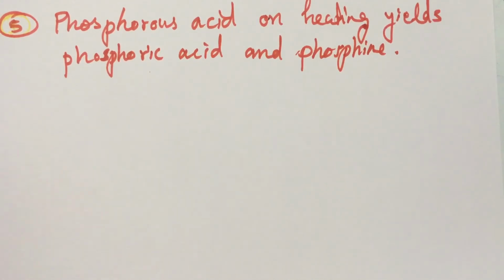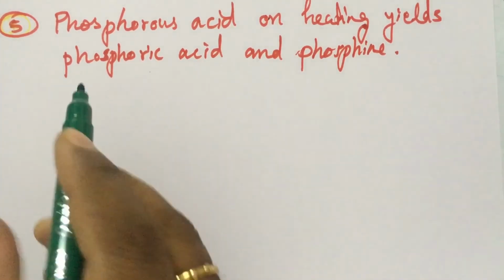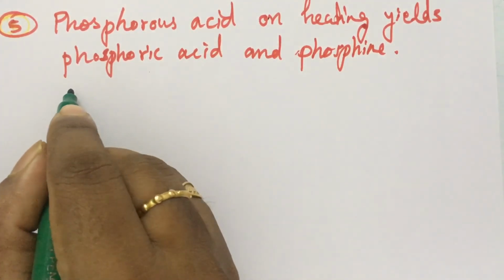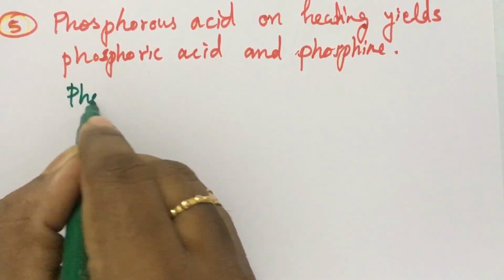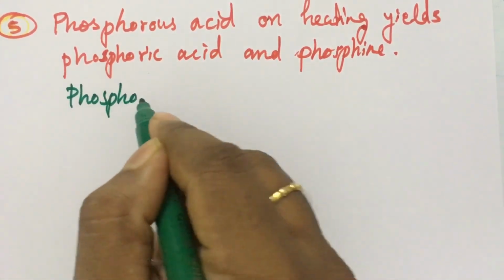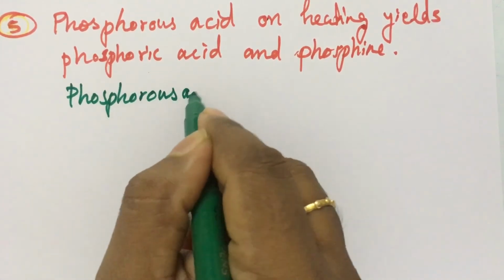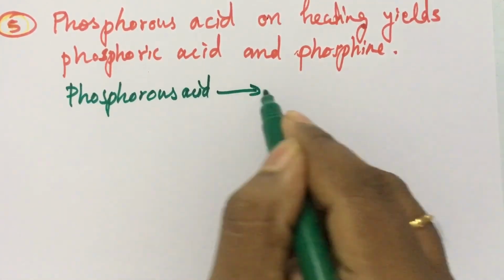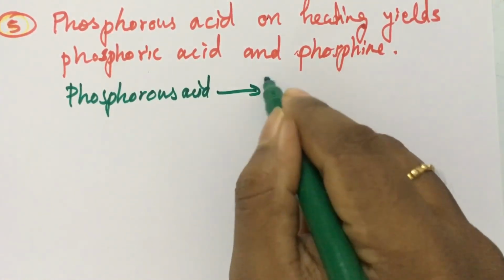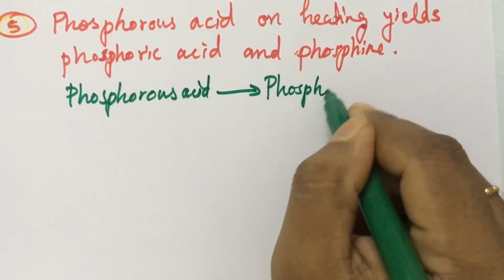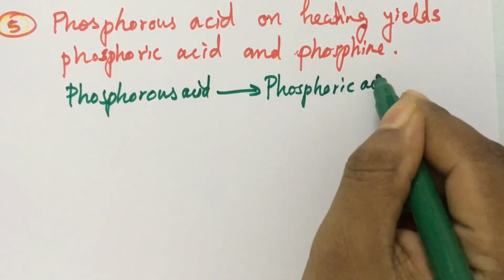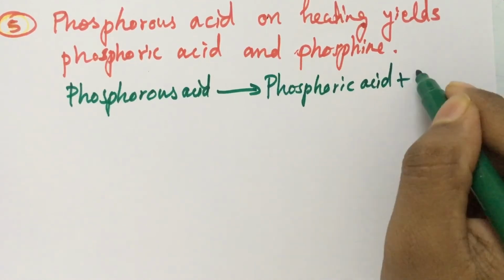Let me write the skeletal equation, that is phosphorus acid gives phosphoric acid plus phosphine.